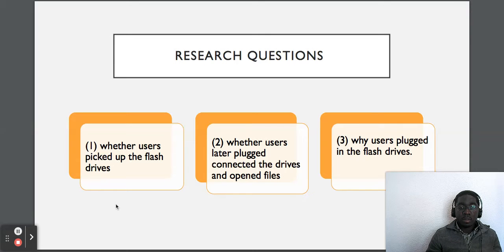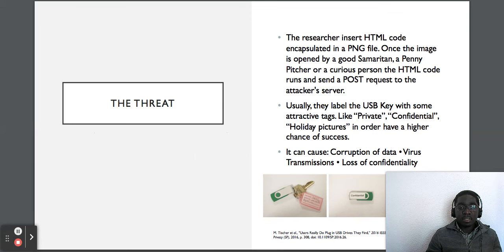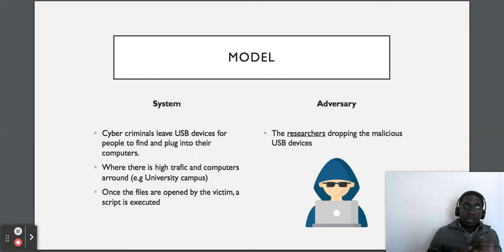So, as we know in security research, we consider 3 things: number one, the system, then the adversary, and then the threat. In this case, our system model is the university campus, which is connected by a local area network as well as by internet, and there's traffic.